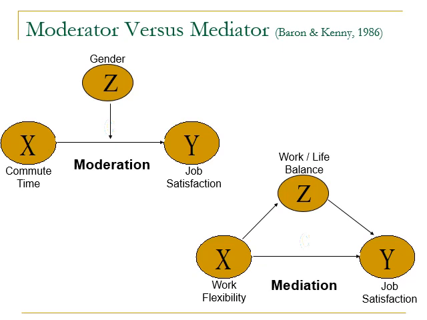We could also have a full mediation. What a full mediation means is that once we put the mediator into the model, the actual direct relationship between our first predictor and the outcome, in this case work flexibility and job satisfaction, actually disappears. They're no longer significant. So that is also the difference between a mediation, full mediation, and a suppressor variable. A suppressor variable looks very similar to a mediation.